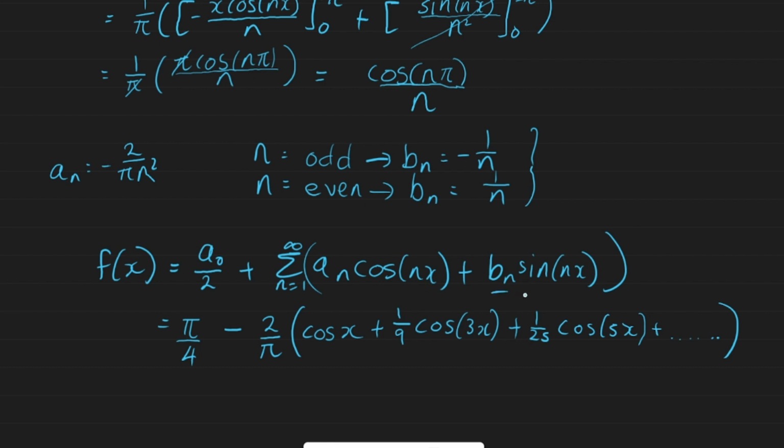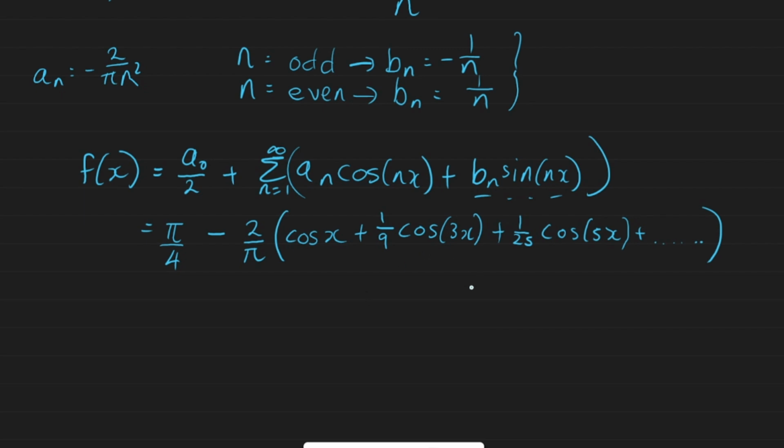Then we have the sine terms. So bn was minus 1 over n for odd numbers and 1 over n for even numbers. So we'll just put the minus in front. And then what we'll do is that for every odd number within the bracket, we'll say it's a positive number. And then for every even number, it's a negative number. So we'll have sine x.